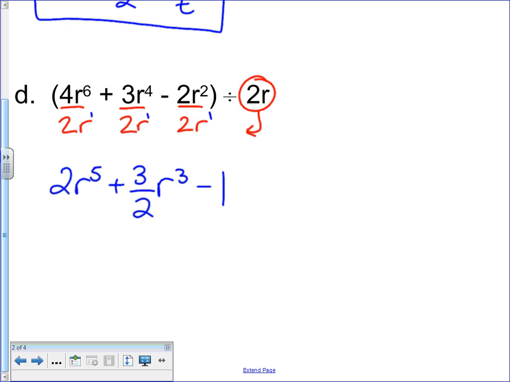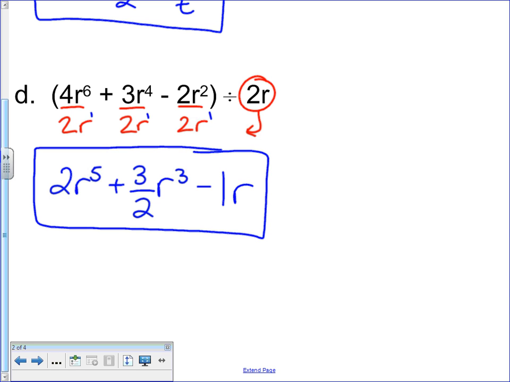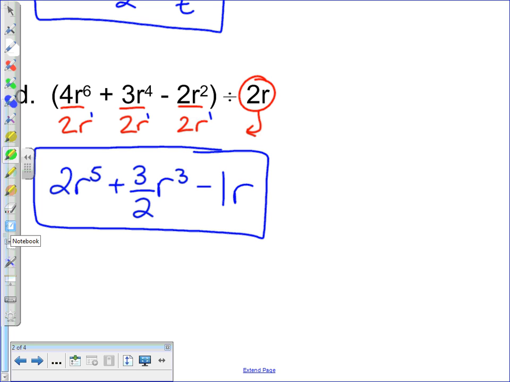Take one r away from r squared, leaves me with a single r. Done. 2r to the fifth plus 3 over 2r cubed minus 1r. Now you could have gotten away without writing this 1 in front of the r at the very end, but that's up to you. It's not necessary to write that. So if you'd like, you could erase that.